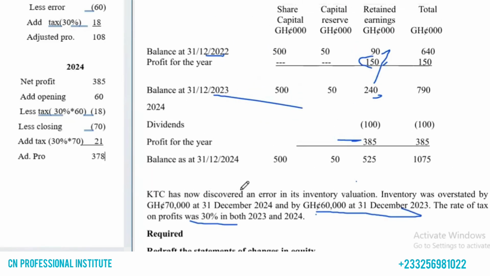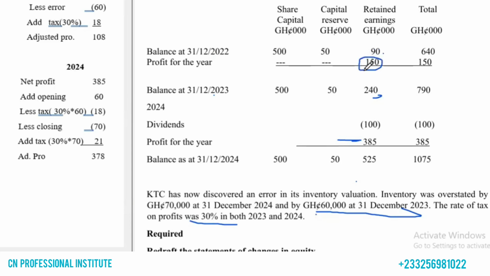So the statement of changes in equity, if you come with the same thing, the only thing that will change is, if you come to 2023 in the question here, we have a figure of 150 as the profit for 2023.